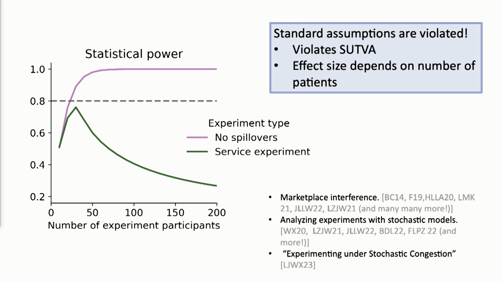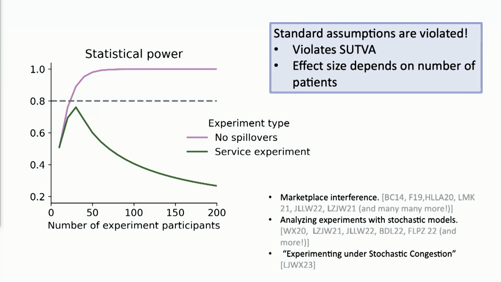The structure behind this problem is related to some work on marketplace interference, specifically because there are capacity constraints. But the structure of interference is a little bit different than the typical competition-induced interference. Here it's strictly capacity-induced, but it is related to some of that. I worked on some of this in the past, studying these things with stochastic models.